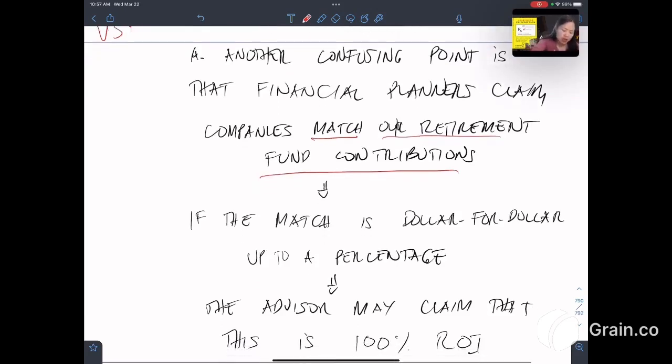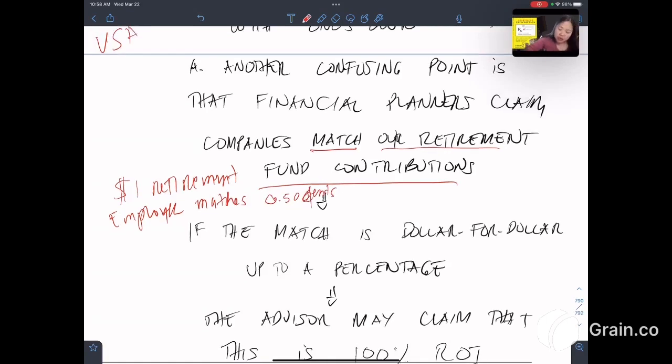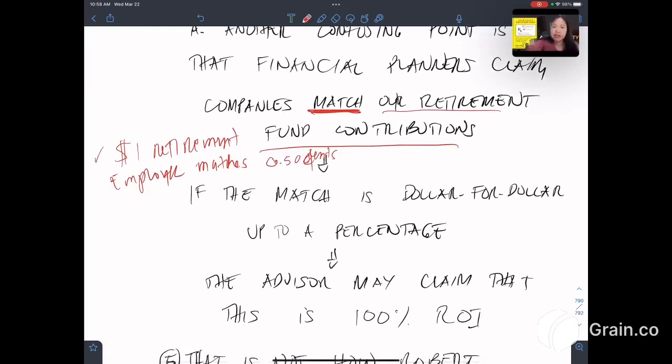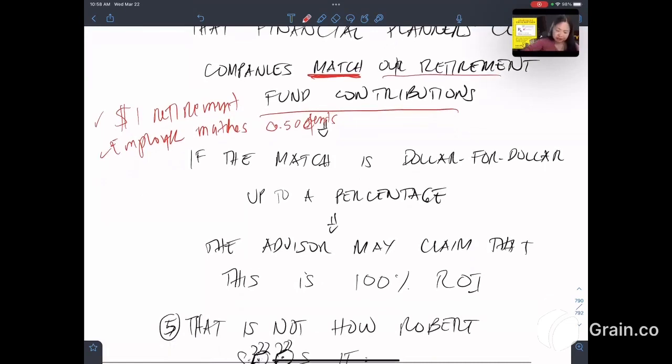So if you contribute $1 for your own retirement, your employer matches it to like 50 cents. That's what's called matching our retirement fund contribution. For every dollar you put into the retirement, your employer would match 50 cents.